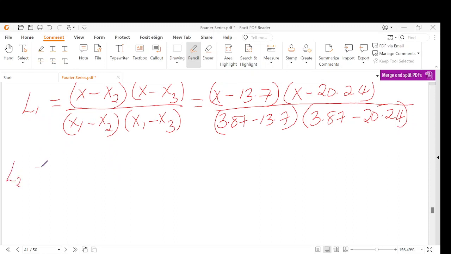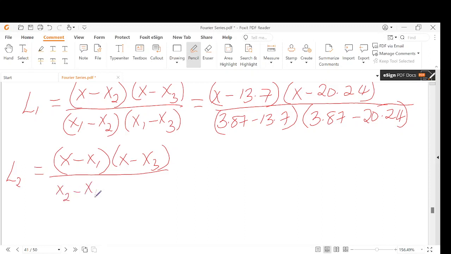Then L2 will be, now k is 2, so I cannot take the value of 2, so we can have x minus x1, then x minus x3, and the denominator will be x2 minus x1, x2 minus x3, and we can substitute the values.